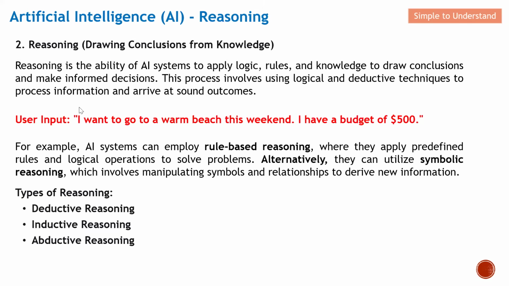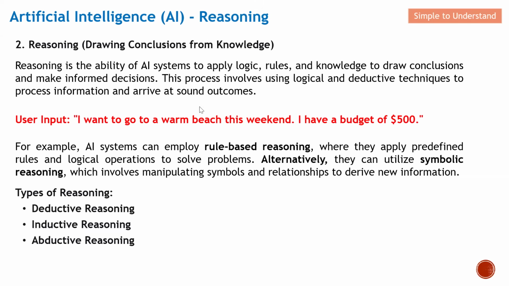Let me give you an example. This is the user input. The user says, I want to go to a warm beach this weekend. I have a budget of $500. Under reasoning, we need to have logic, rules, and knowledge. What will be the logic? For example, the warm beach.